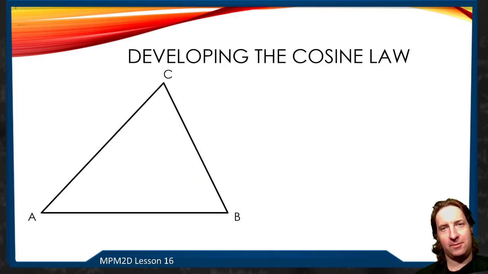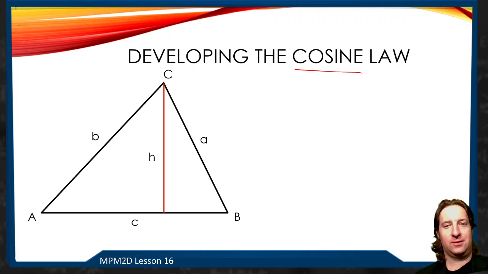So let's start again with our triangle. This is now cosine law. Little spoiler alert there. So let's start again with our general triangle ABC. And again, we can label it with lowercase a, b, c. And again, we can come up with an altitude, making this into two right triangles.